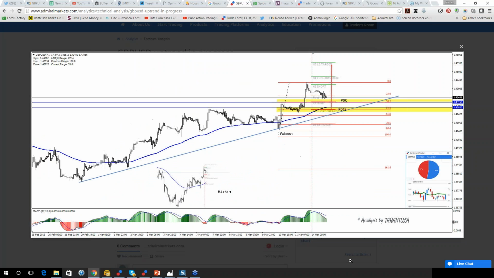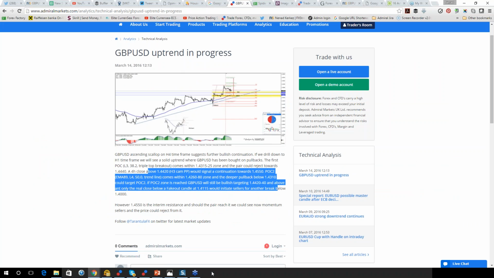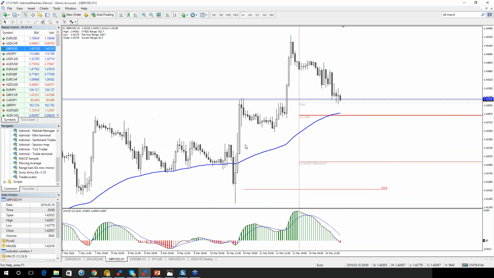See, the price now is trying to reject from this zone. And this is it. The price is trying to reject this previous triple top. And if it doesn't reject, as I say, this could be another possibility to go long.